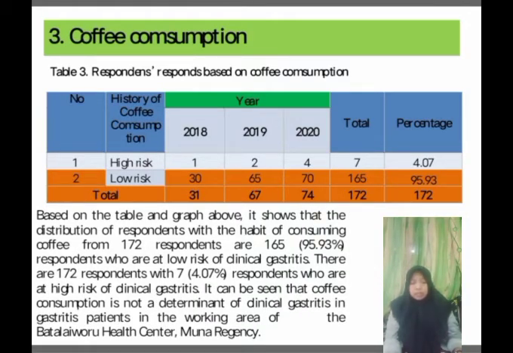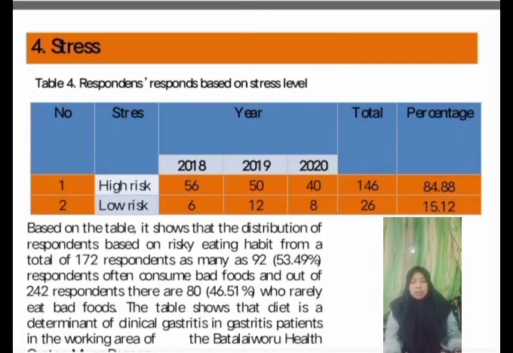Number three, coffee consumption. Table number three, based on the table and graph above, it can be seen that coffee consumption is not a determinant of clinical gastritis in gastritis patterns in the working area of the Batalaiworu Health Center, Muna Regency. Number four, stress. Table number four, based on the table, shows that stress is a determinant of clinical gastritis in gastritis patterns in the working area of the Batalaiworu Health Center, Muna Regency.